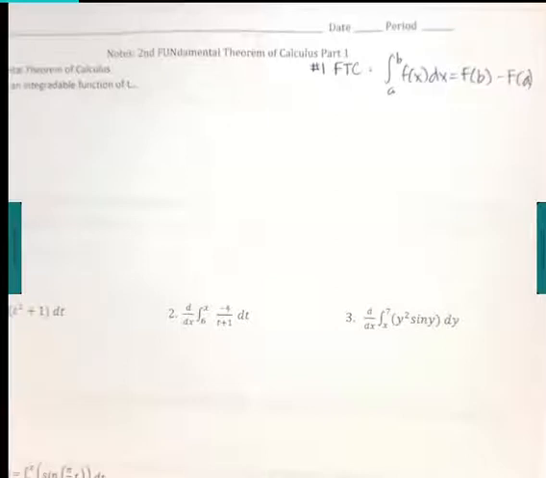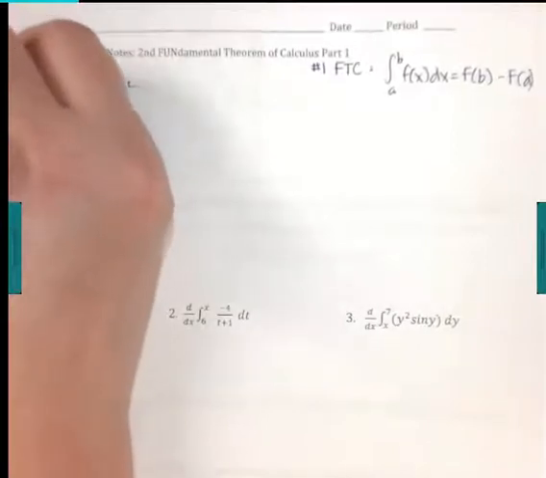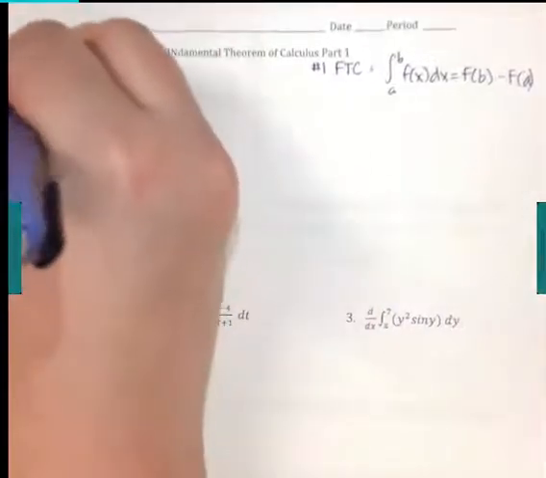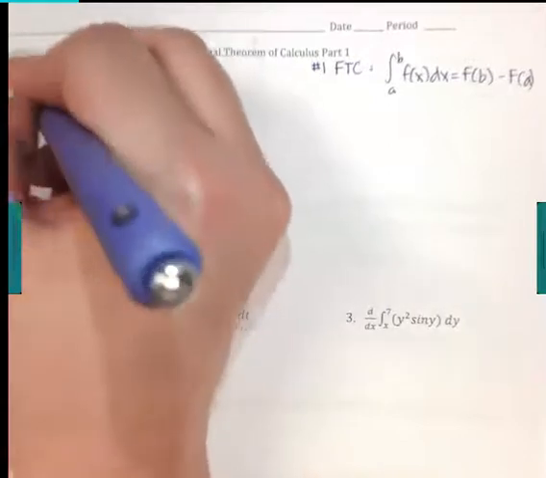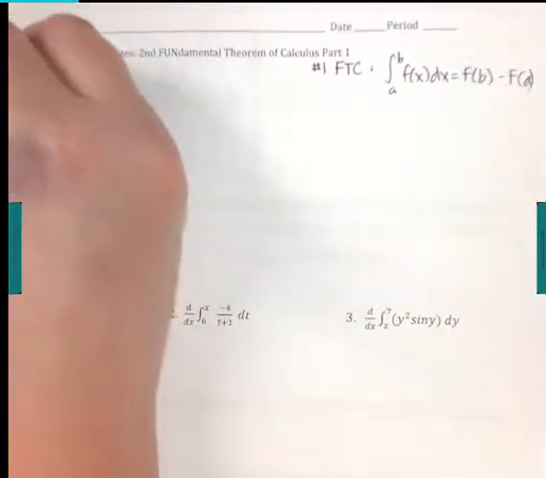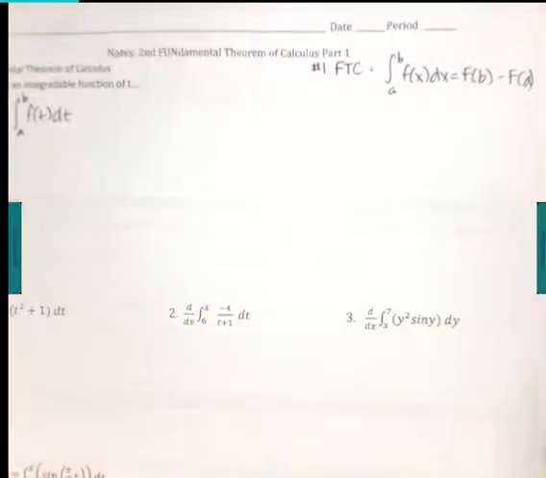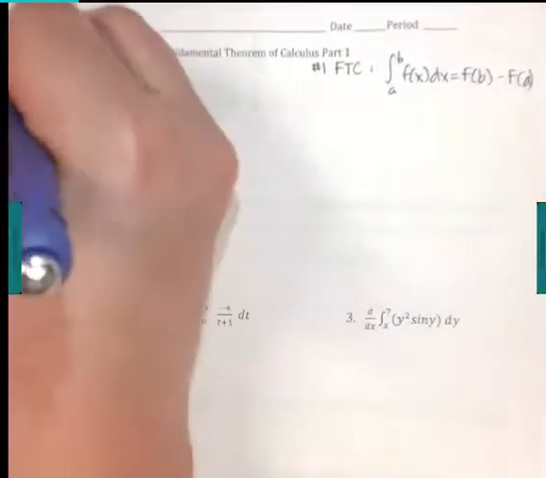Okay, here is the second fundamental theorem of calculus. You're going to integrate a function f of t dt from a to b, but you're also going to take the derivative of it. One more thing to change: cross out your b and make it an x.